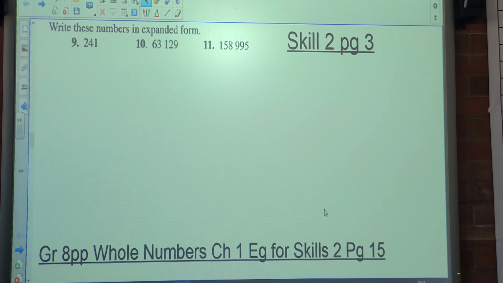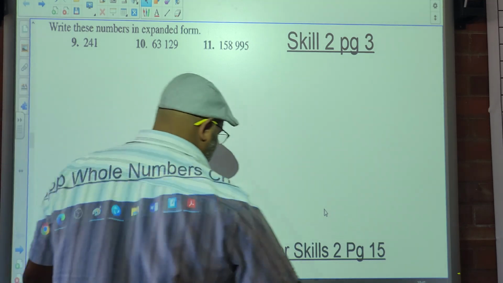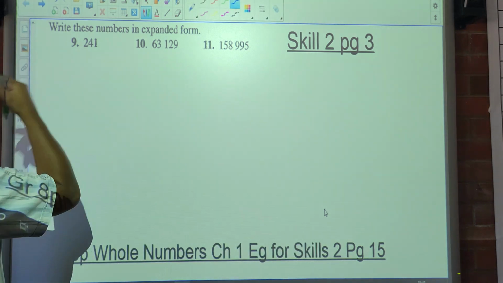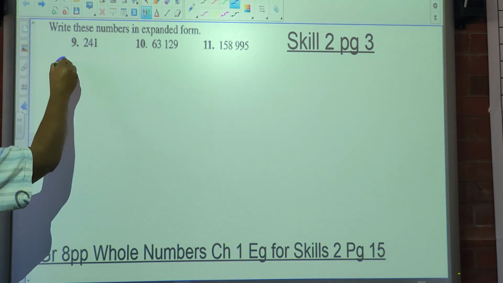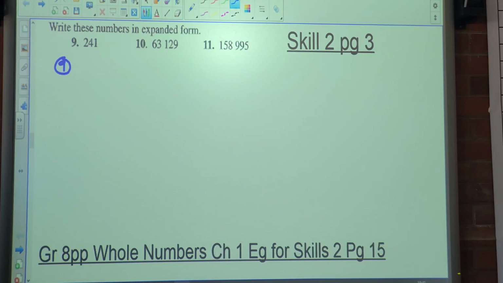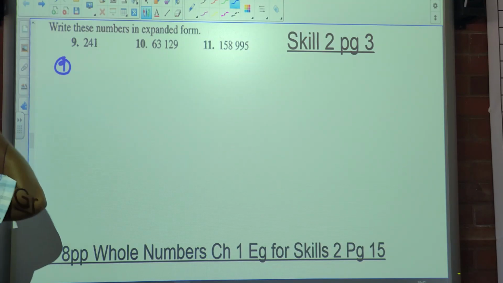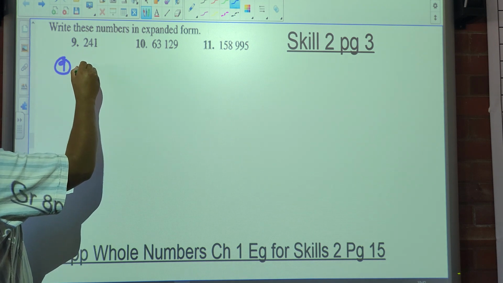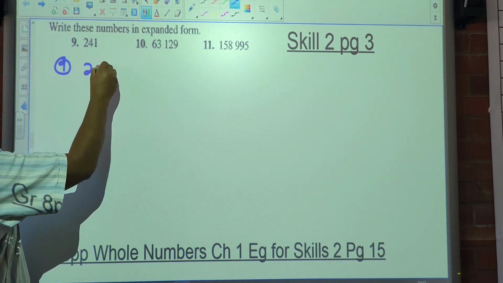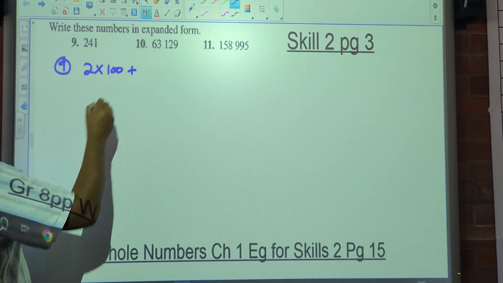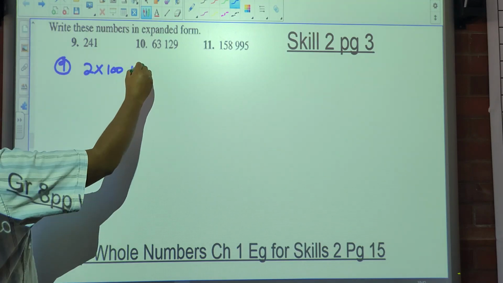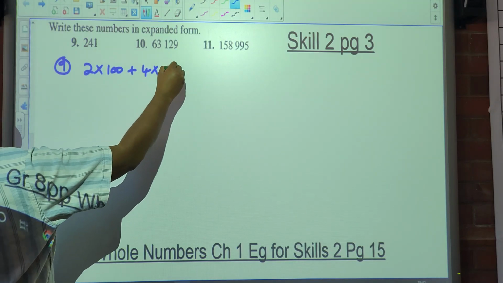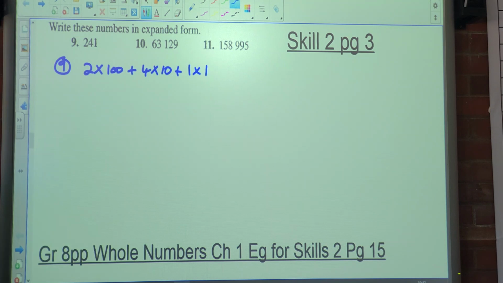Last year the grade 8s told me that they did a different way at school, but I will check with you now if you have done the same. In expanded form, if I write 241, it will be 2 hundreds, so 2 times 100, plus 4 tens, and 1 unit.